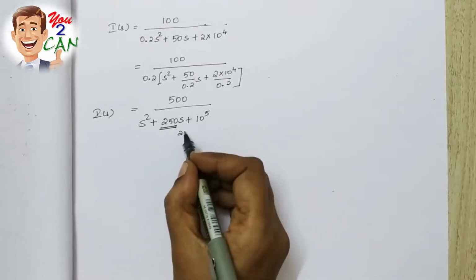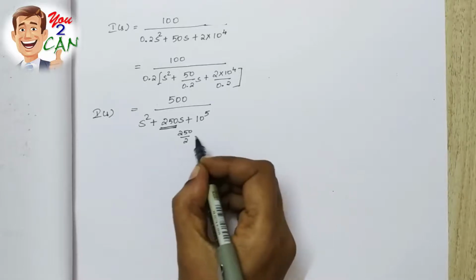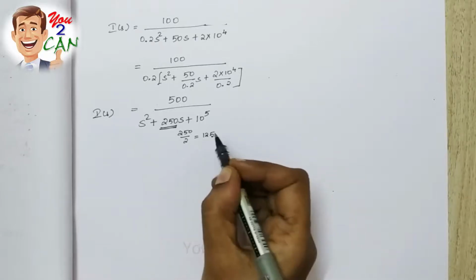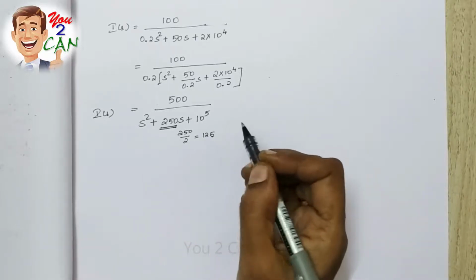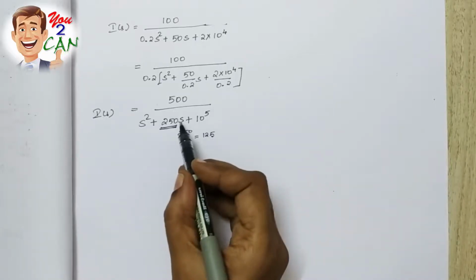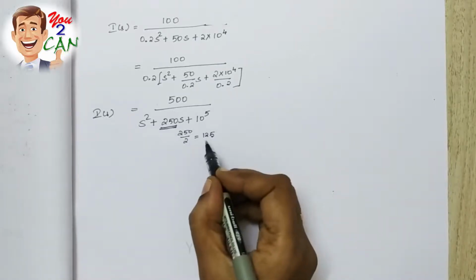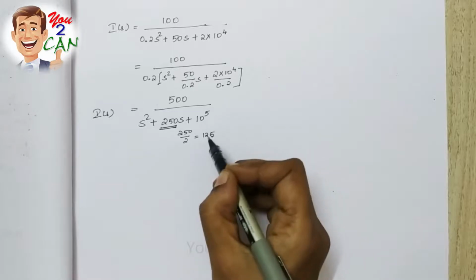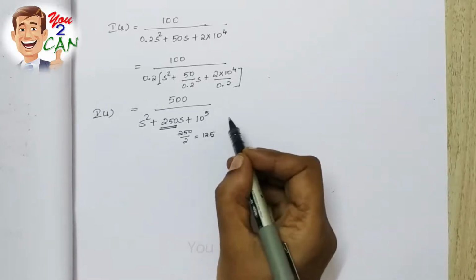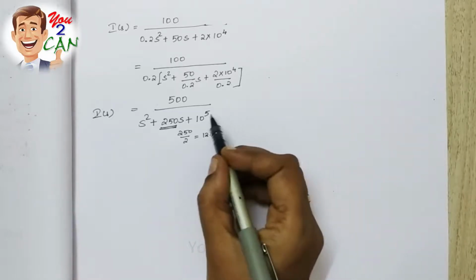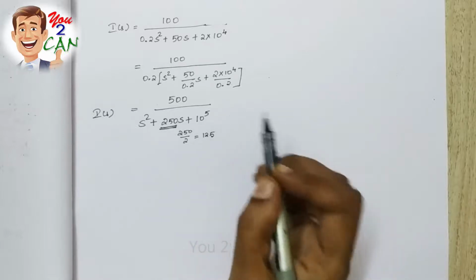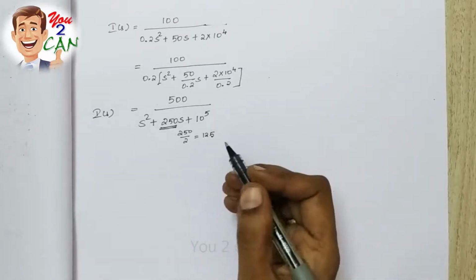What will you get? 250 by 2 will be 125. If the roots are complex conjugates, you have to find in this manner. Here you have to add 125 squared and subtract 125 squared from this equation. This is the procedure. Just follow this.